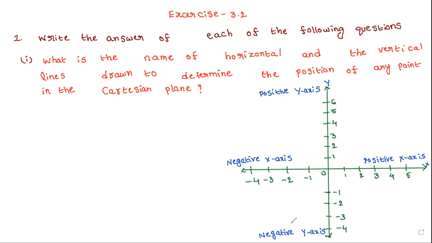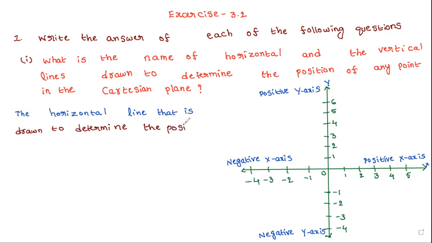What does it represent? The first one: the horizontal line that is drawn to determine the position of any point in the Cartesian plane.